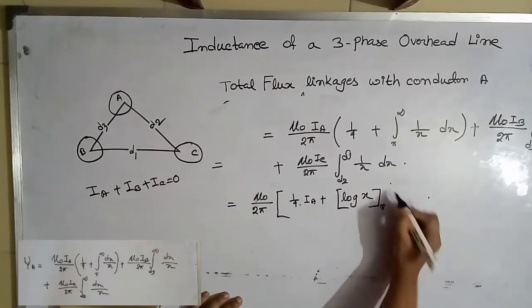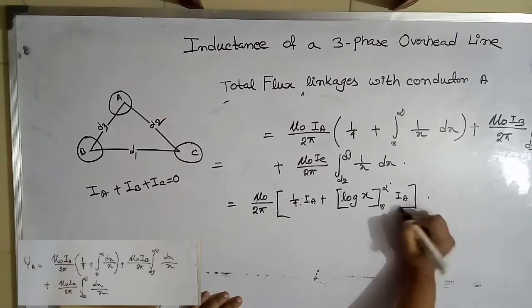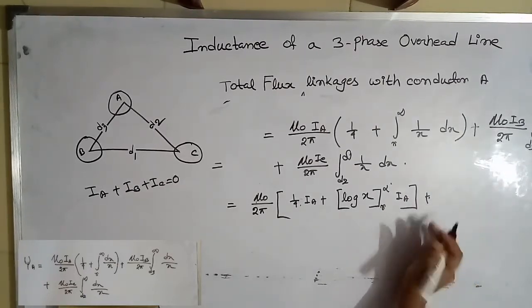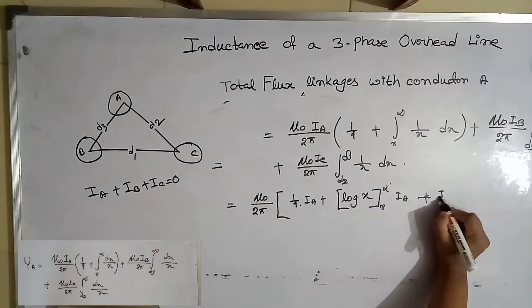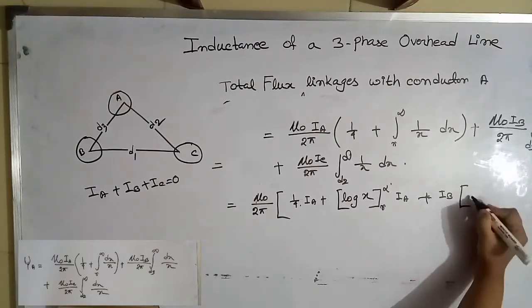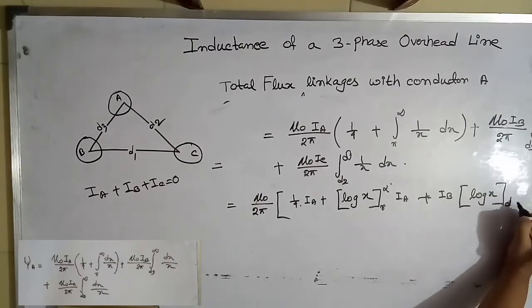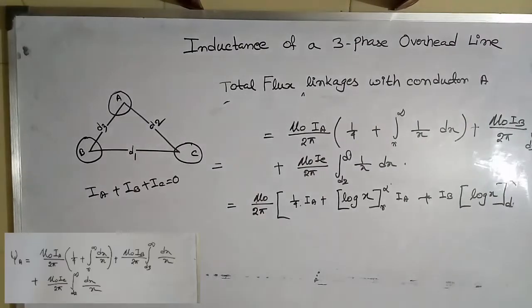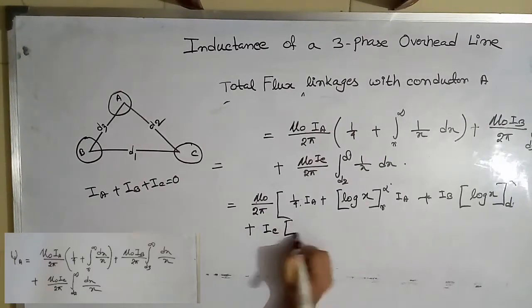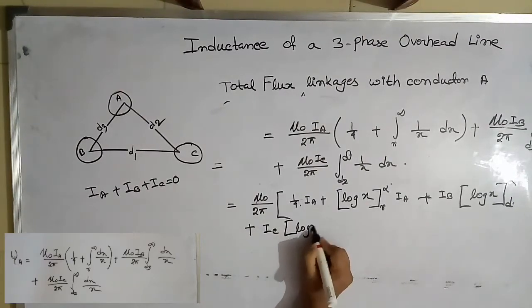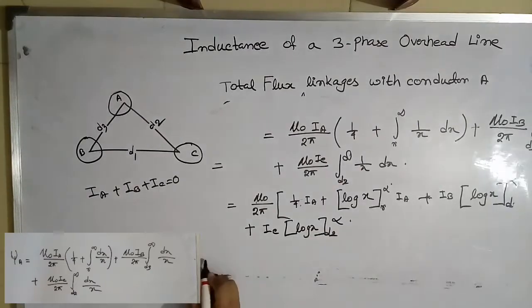Limit is r to infinity into IA plus IB log x D3 to infinity plus IC log x D2 to infinity.